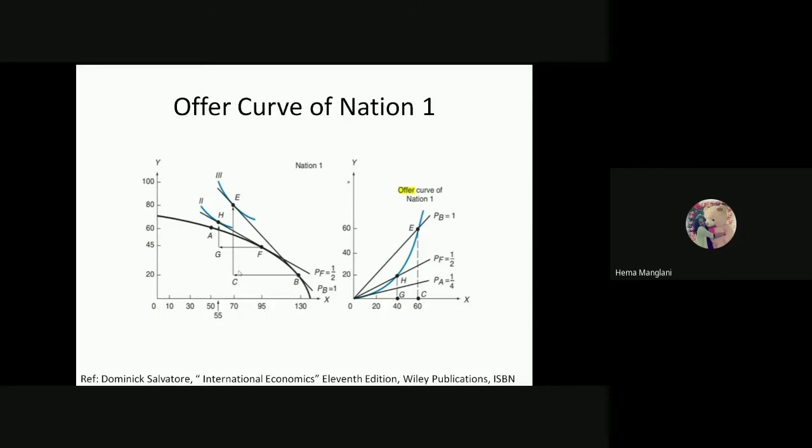This triangle of exchange shows more consumption of Y, so your exchange is now preferable to your own consumption, which shows the community indifference curve shifting upward from point H to point E. So the higher consumption shows a higher level of welfare. The country's welfare is increasing by shifting from point F to B, or from PF to PB as our terms of trade.